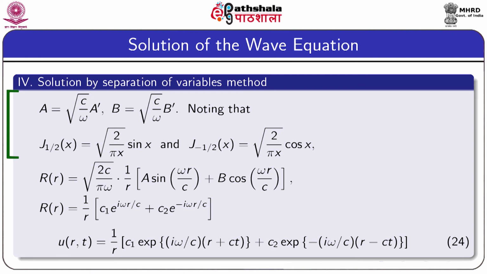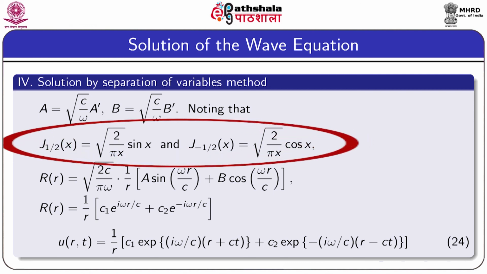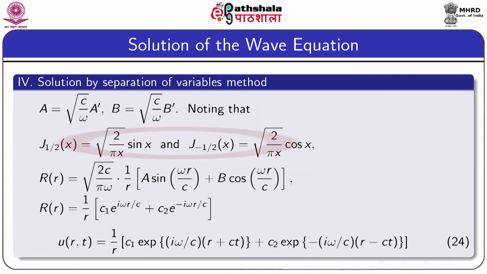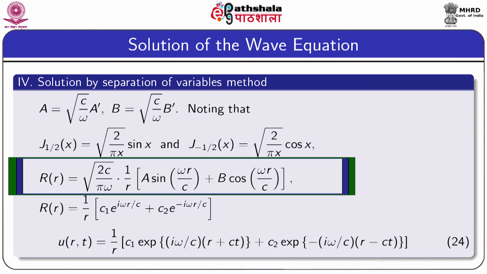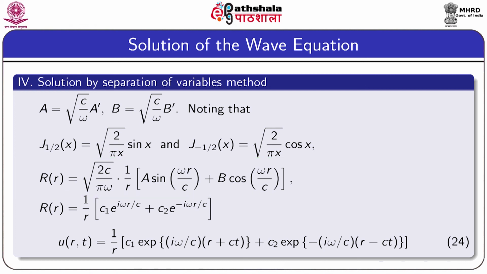Now, you can note that the values of J half can be written in terms of the sine function as J half(x) equals square root of 2 by pi x into sin x and J minus half(x) is square root of 2 by pi x into cos x. So, capital R becomes square root of 2c by pi omega into 1 by r [A sin(omega r by c) plus B cos(omega r by c)]. The solution also can be written in complex form in this way.